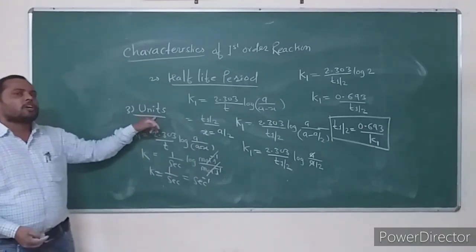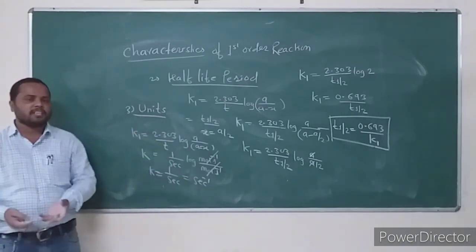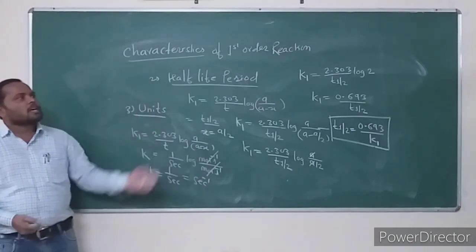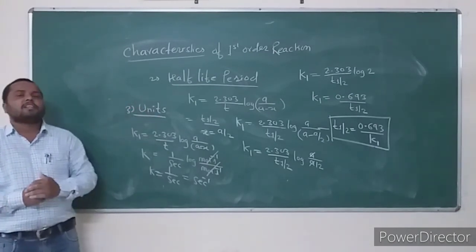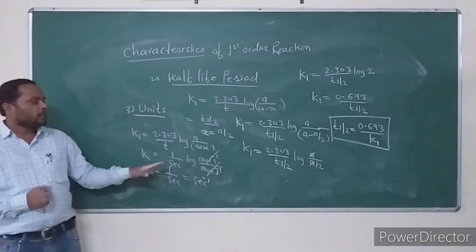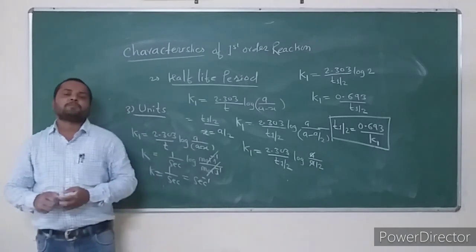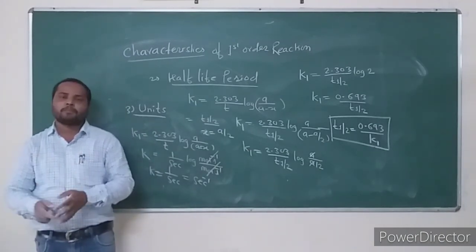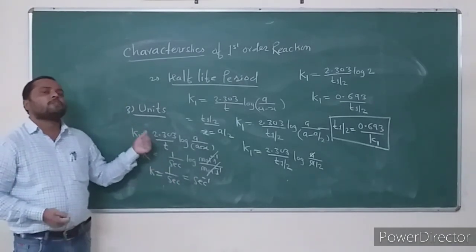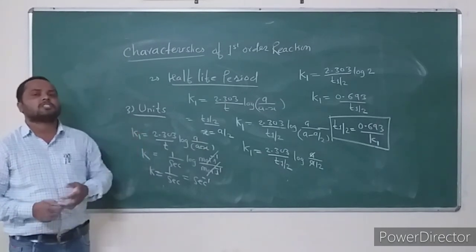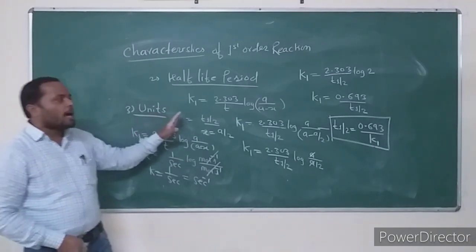These are the three characteristics of the first order reaction: nature of graph, half-life period, and unit. The general unit of the rate constant of first order reaction is per time, that is per second, per minute, per hour.